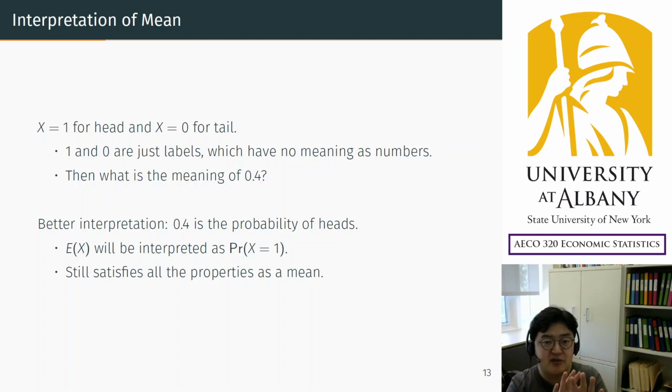So there is nothing in between them. Like 0.4 has no meaning. 0 has no meaning. 1 has no meaning. There is nothing in between them. It's just heads or tails. So 0.4 is not a possible outcome, right?